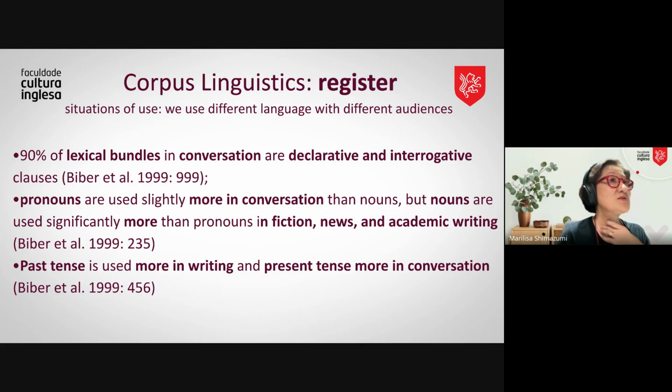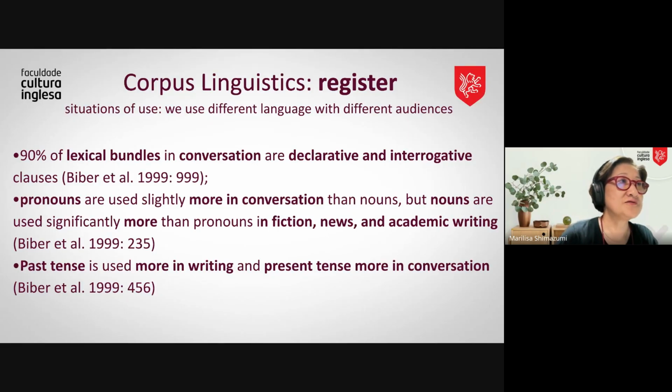Pronouns are used slightly more in conversations than nouns, but nouns are used significantly more than pronouns in fiction, news, and academic writing. And past tense is used more in writing, and present tense more in conversation.